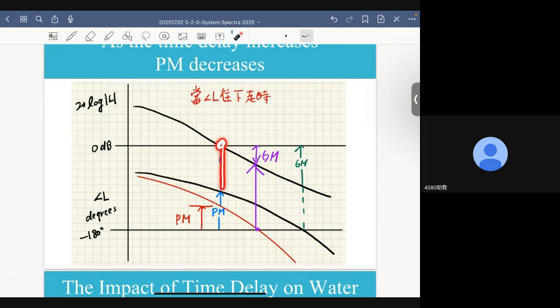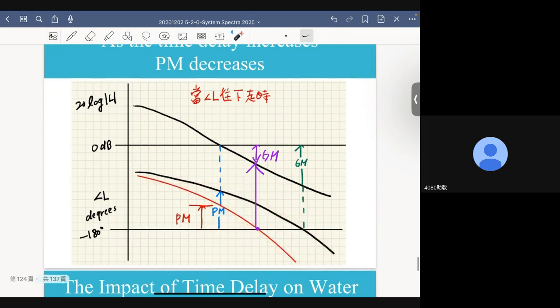But when you inspect the phase response, this red curve, compared to the original black curve, is much closer to minus 180 degrees.